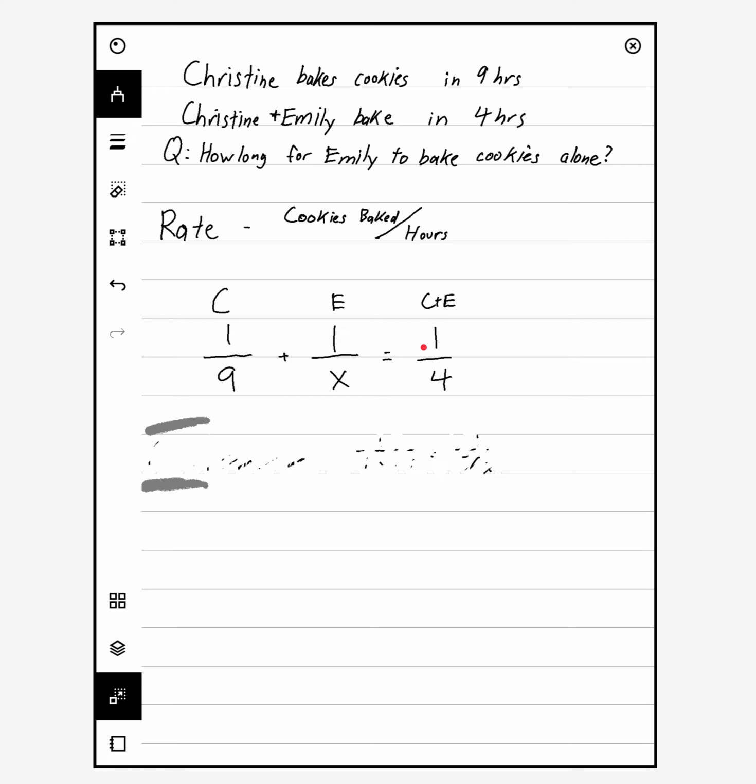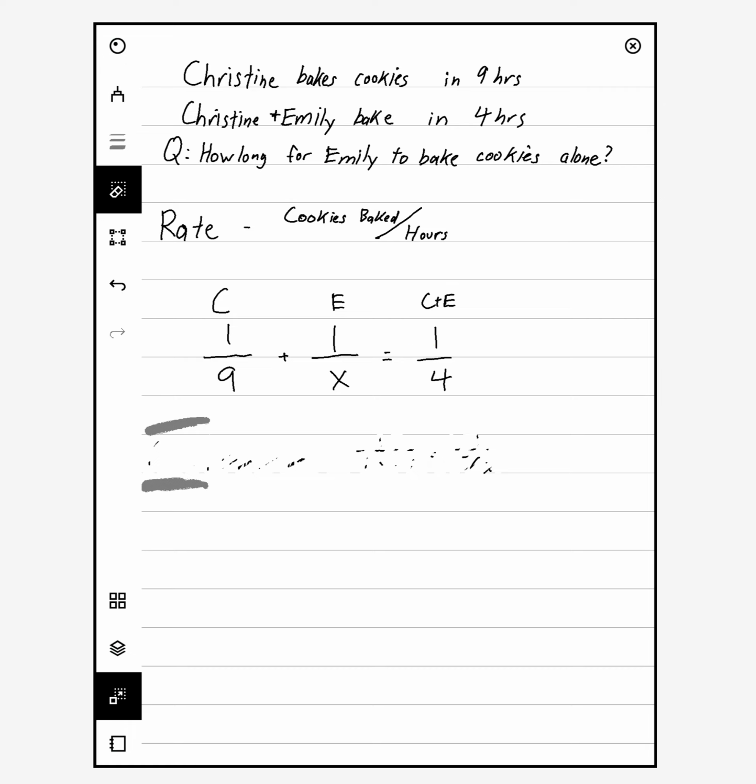So for them to bake one batch of cookies, it takes 4 hours. That way, everything fits into this rate of cookies baked in a certain number of hours. And then we're going to be adding those two, because if Christine's doing a certain amount of work at a certain rate and Emily's doing a certain amount of work at a certain rate, if we add them together, they're going to have it done in a quicker amount of time.